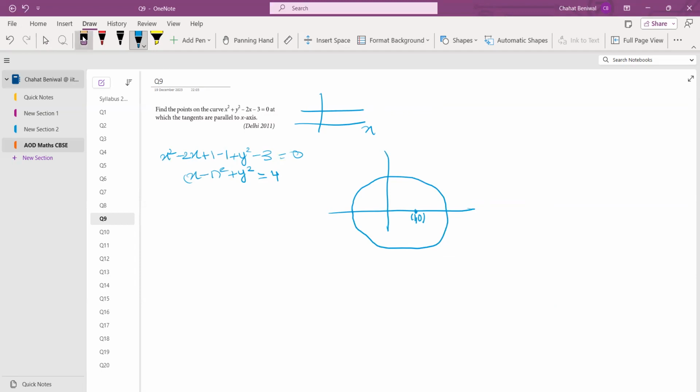I think things are not clear if I draw it like this. Okay. So this is the circle.